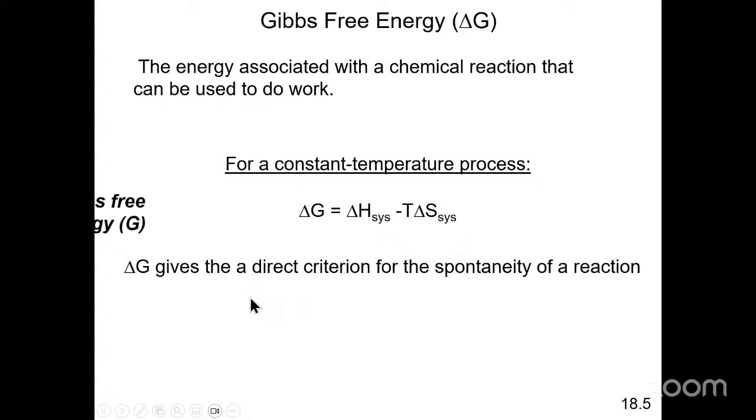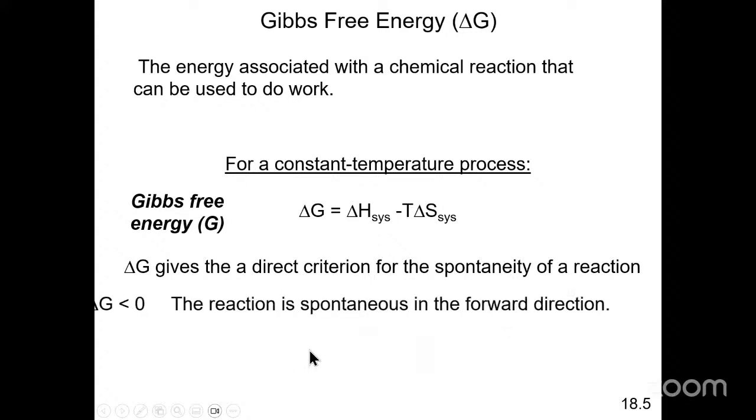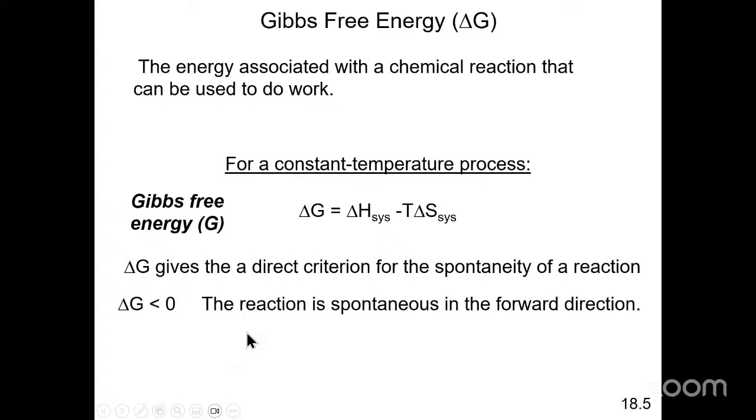And please note that the temperature must be expressed in Kelvin, all right? So if you're given a temperature in Celsius, you have to convert that to Kelvin, right? And delta G is basically what you use to tell whether or not a reaction or process is spontaneous. In that, if delta G is negative, right?